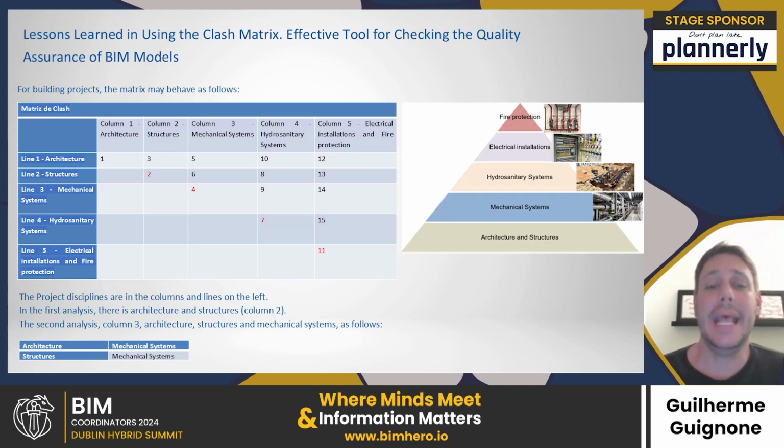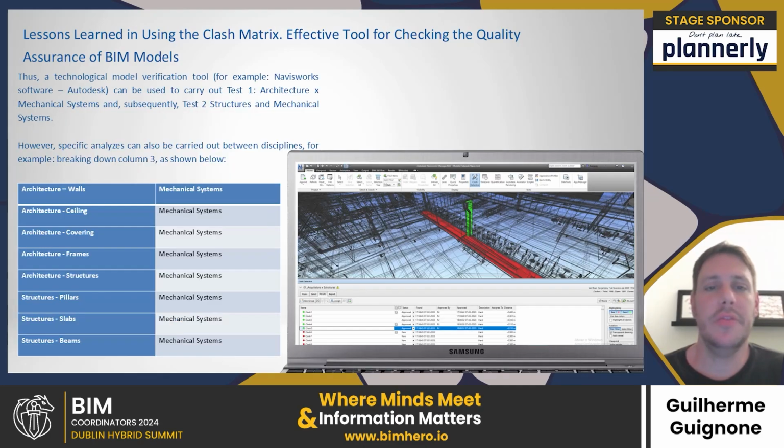The second analysis, column 3, architecture, structure, and mechanical system, as follows. Thus, a technological model verification tool, for example Navisworks software, can be used to carry out test 1, architecture and mechanical system, and test 2, structure and mechanical system.